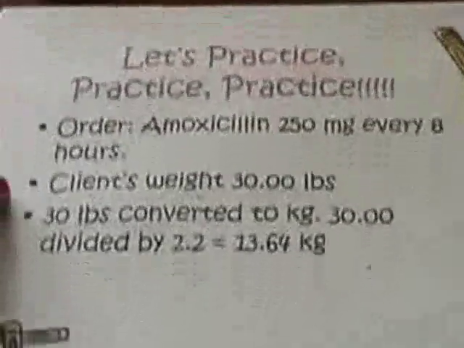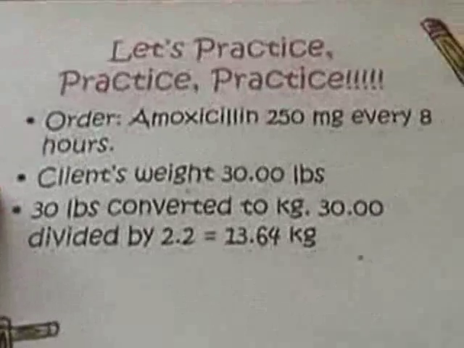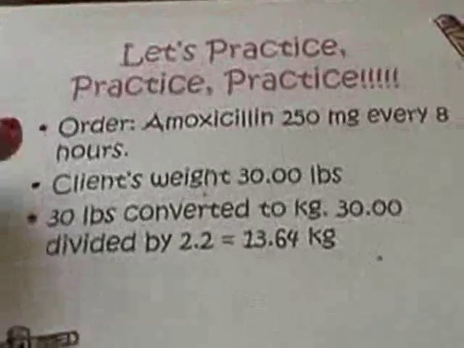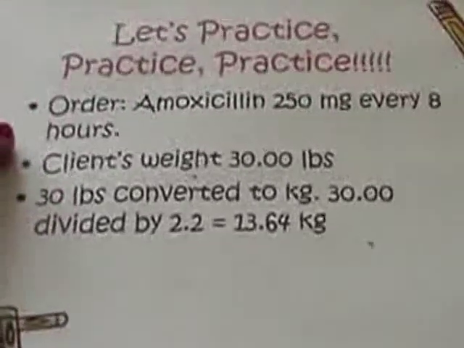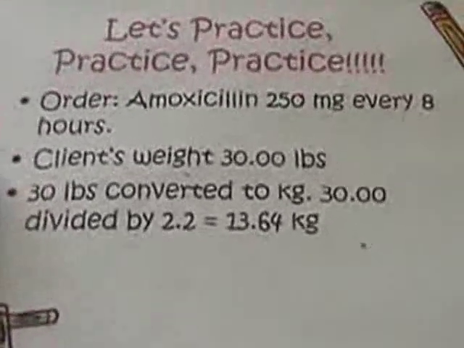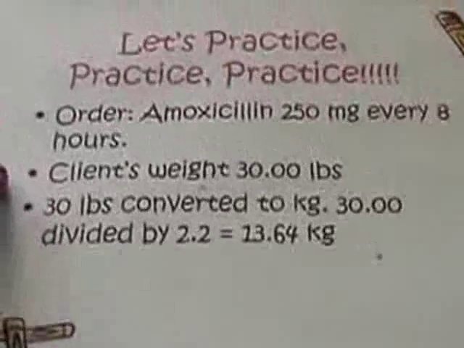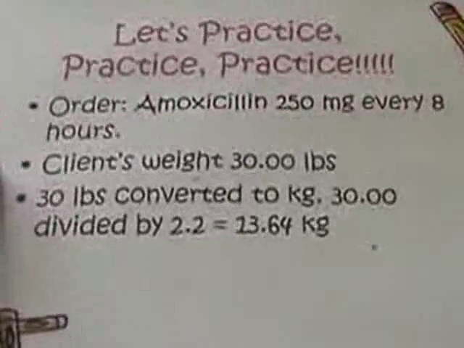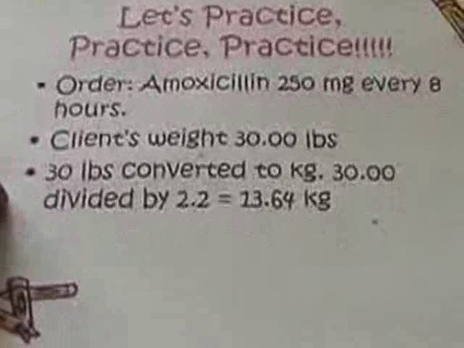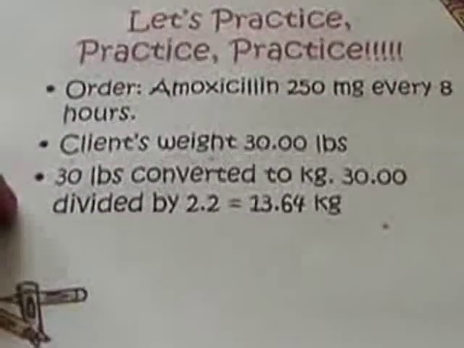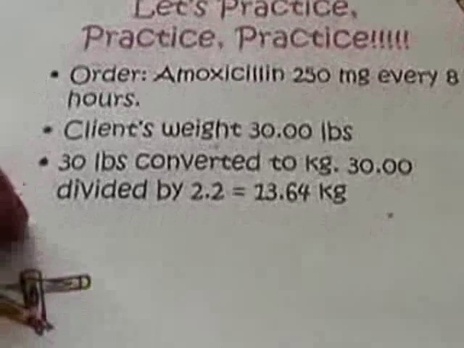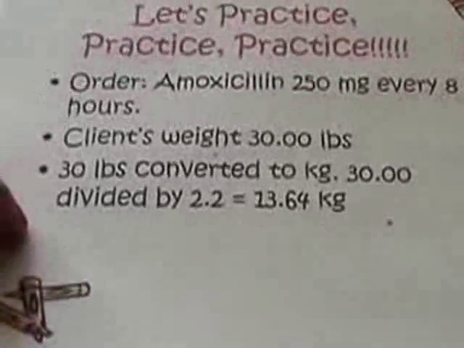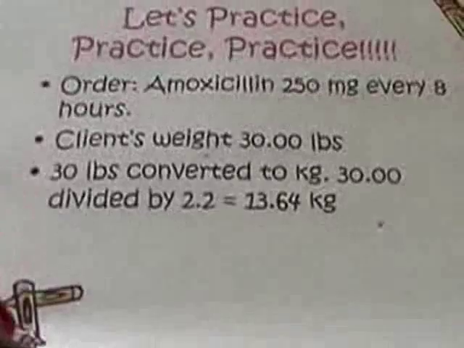Now let's practice, and work another problem. We have an order for amoxicillin, 250 milligrams every 8 hours to be given. Our client's weight is 30 pounds, and we verify that it's an accurate weight and a recent weight. We convert our 30 pounds to kilograms by dividing 30 divided by 2.2. We get 13.64 kilograms.